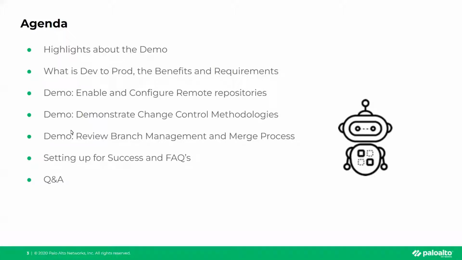I'm going to show how we can enable and configure the remote repositories, and then demonstrate change control methodologies, review branch management and merge process. And then once the demo is over, we'll get into setting you up for success and some frequently asked questions. And then there should be some time for a general Q&A. So that's going to be the overall structure of the webinar. So with that said, we'll get started.